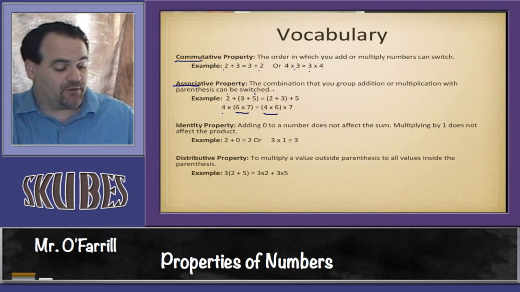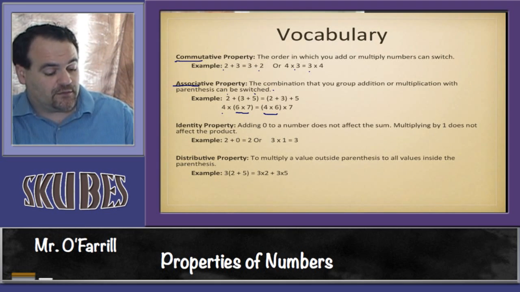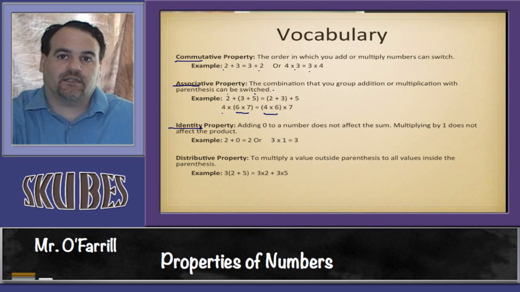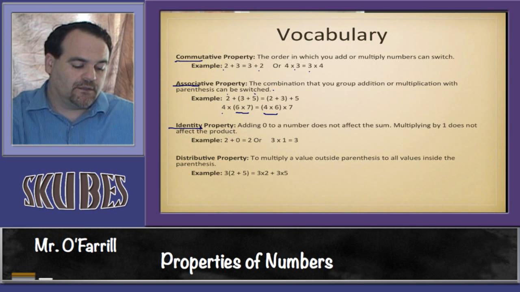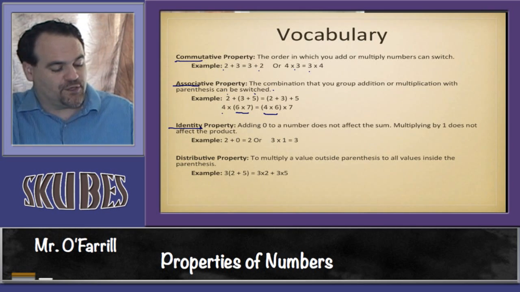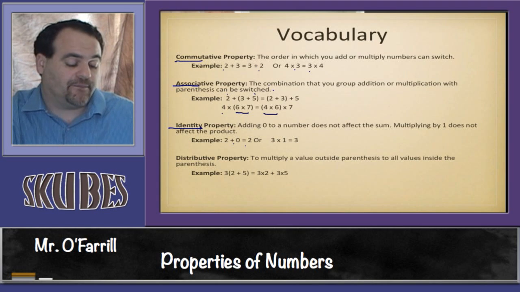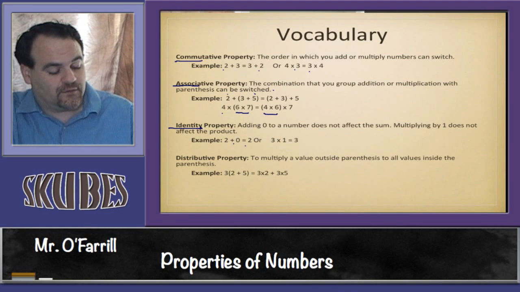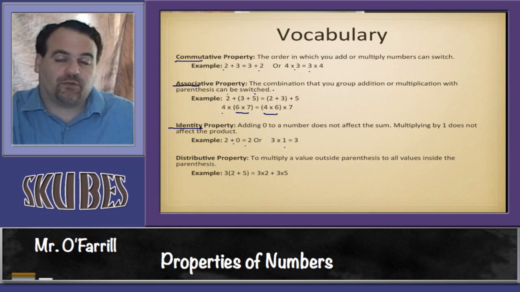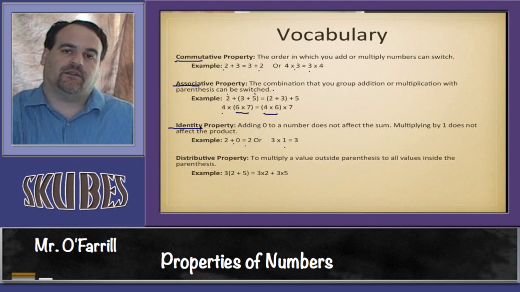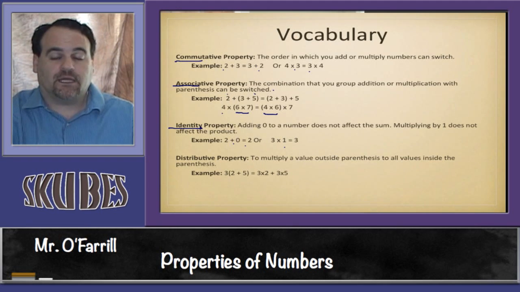The identity property, and it's all about the word identity. You keep your identity. You never change who you are. 2, when you add 0, remains 2. It kept its identity. 3, when you multiply it by 1, still 3. It gets to keep its identity.